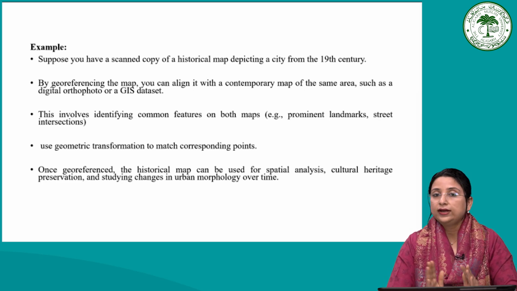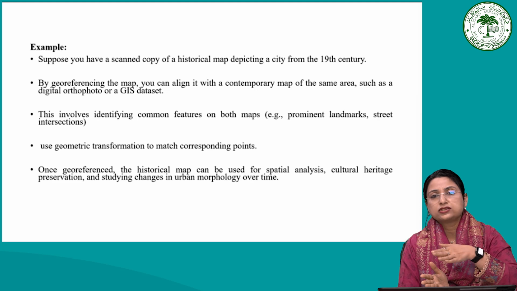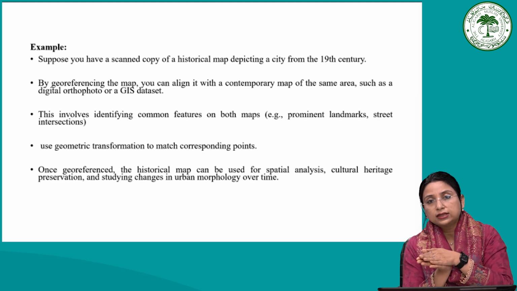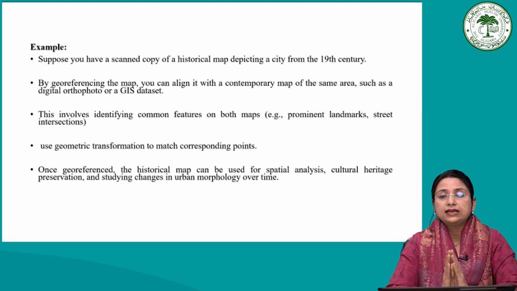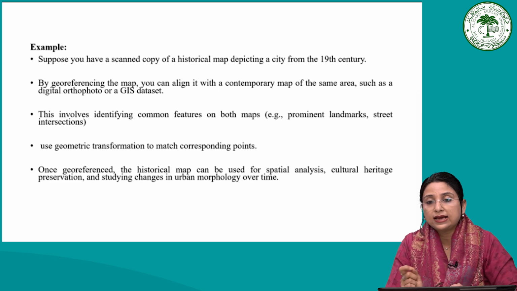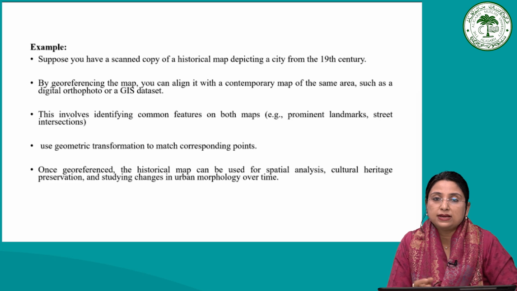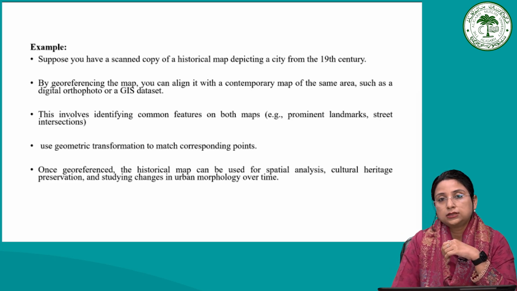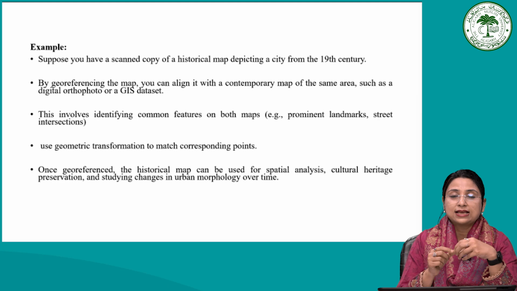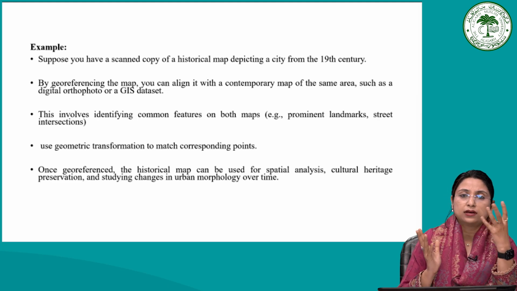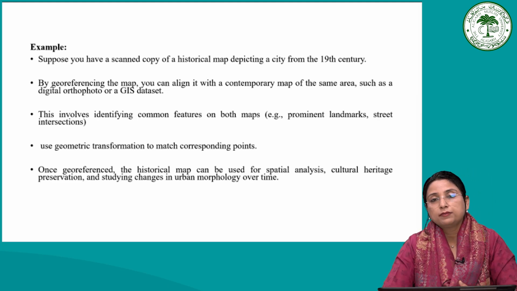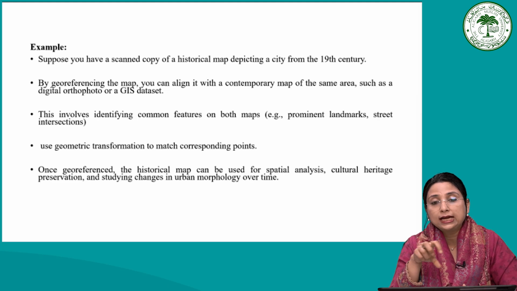This involves the historical map that is not referenced, that is aligned on the contemporary map. Now we are going to identify some common features on both. These common features may be roads or intersection points, many times a clock tower, or some other important landmarks.